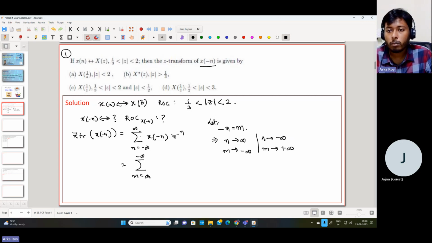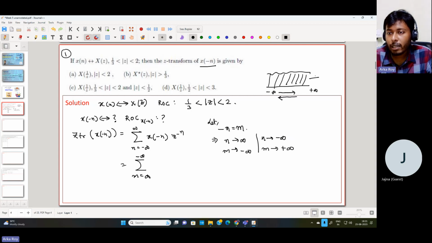We also have talked about, for example, if this is a signal spread from minus infinity to infinity, and I calculate the area under the curve, integrating the signal from minus infinity to plus infinity or from plus infinity to minus infinity, it yields the same area value, that is A. So the integration doesn't depend on the direction or path along which we are integrating or summing the signal. In case of an analog signal, we do the integration. In case of a digital signal, we do the summation operation.